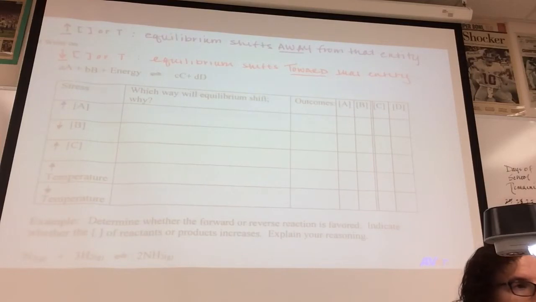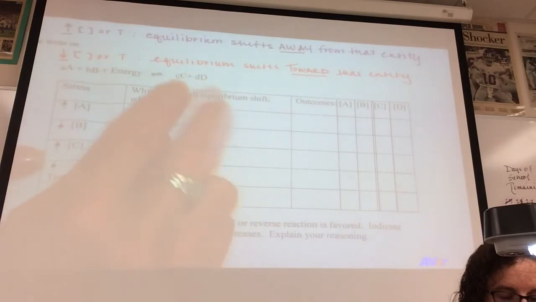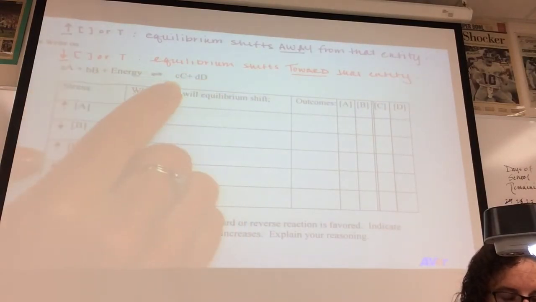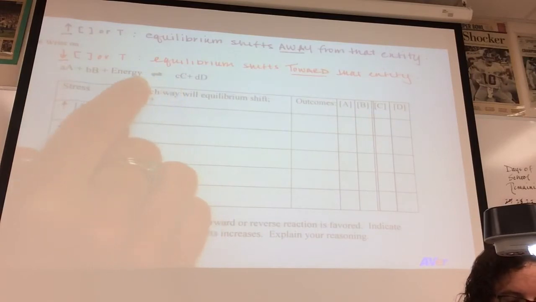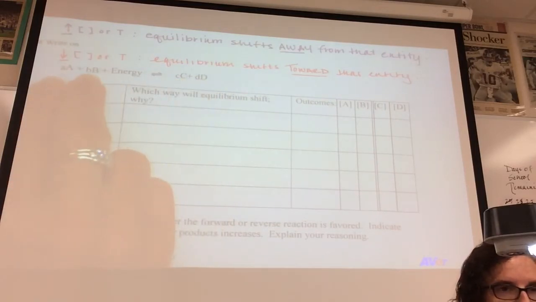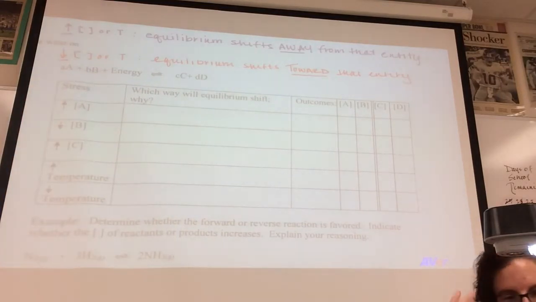Now equilibrium will shift either in the forward direction, where you'll generate product and use up reactant, or equilibrium will shift in the reverse direction, where product concentration will decrease and reactant concentration will increase. So equilibrium will shift either in the forward or reverse direction. The away or toward will help you with your interpretation, but don't write equilibrium shifts away.